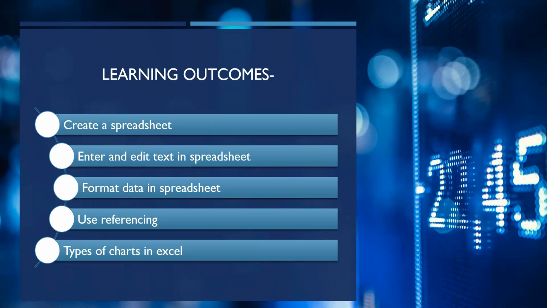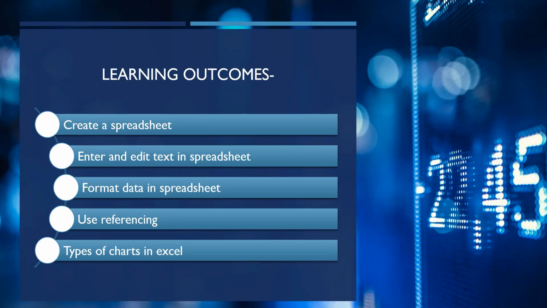Then we have to see that whenever we are applying a formula, how can we copy that formula in different cells, so that sometimes if we want the formula to change, then it will change, and sometimes it will not change. So all these concepts we are going to cover under references.